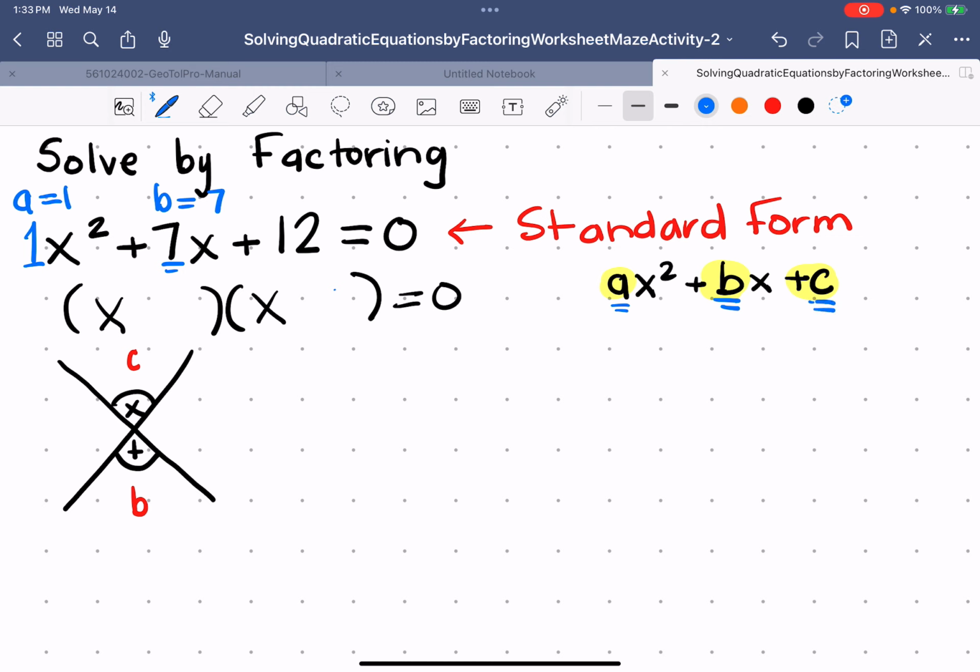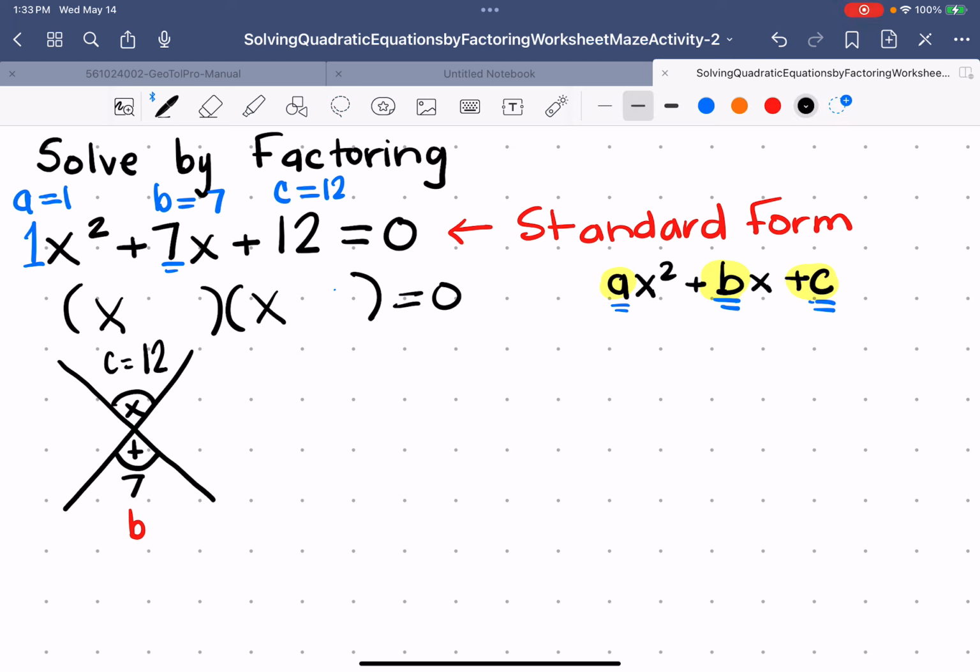And the constant is c, in this case 12. If you look at the big X method, we always write c on top, so at the top I'm going to have 12. At the bottom we always write b. In this case our b is 7.